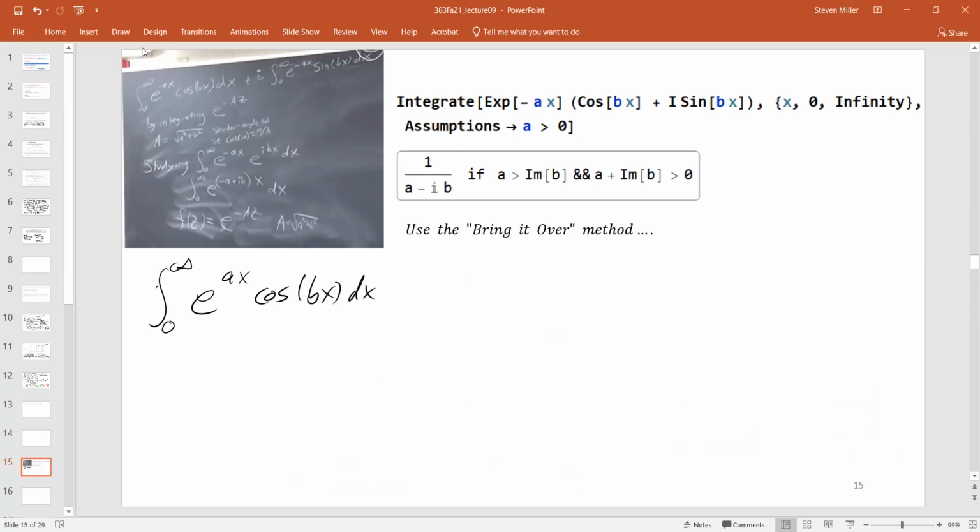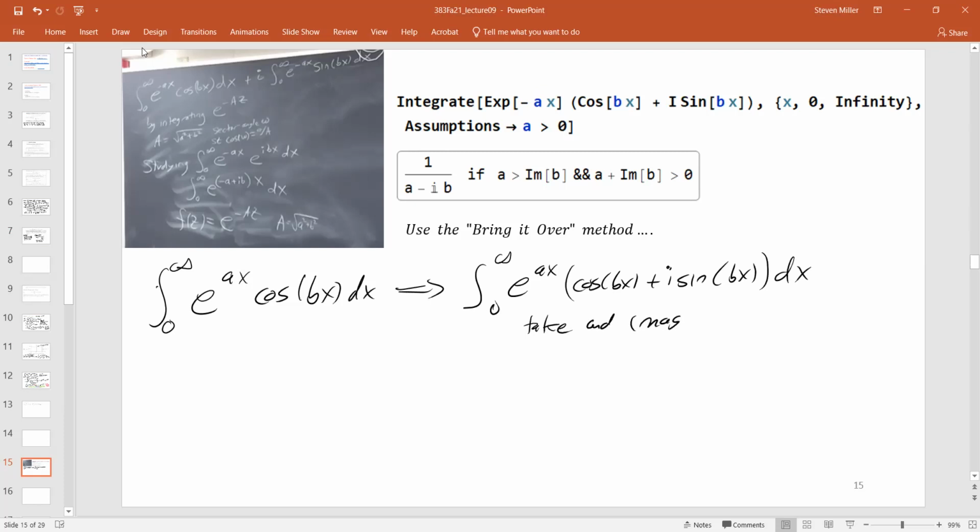And we want to study something like this. It turns out it's better to study the integral from 0 to infinity of e to the ax times cosine bx plus i sine bx dx, and then take real and imaginary parts.